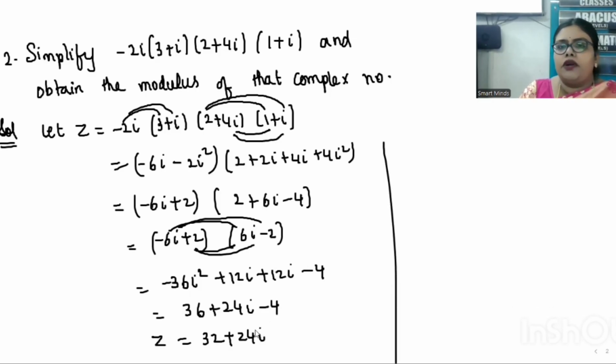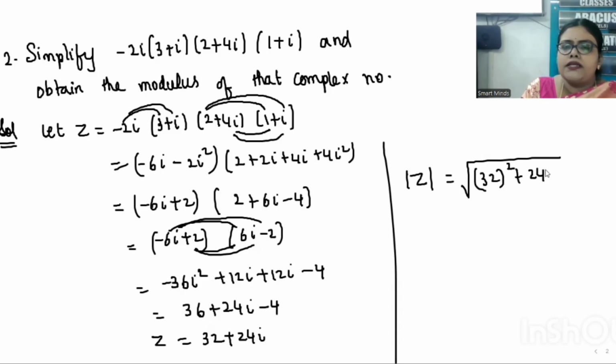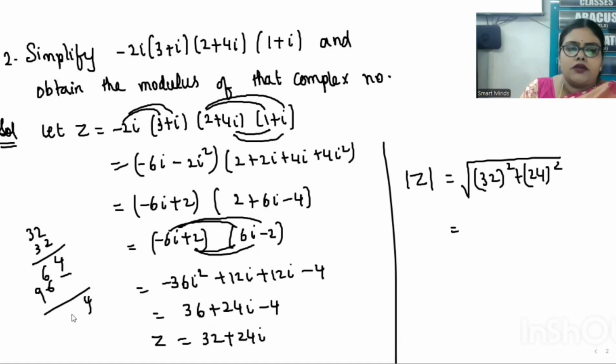We have to convert any complex number into a plus ib form first and then do whatever they are asking. So what is mod z? Modulus of z is root over 32 square plus 24 square. So what is 32 square? 32 into 32 is 1024.